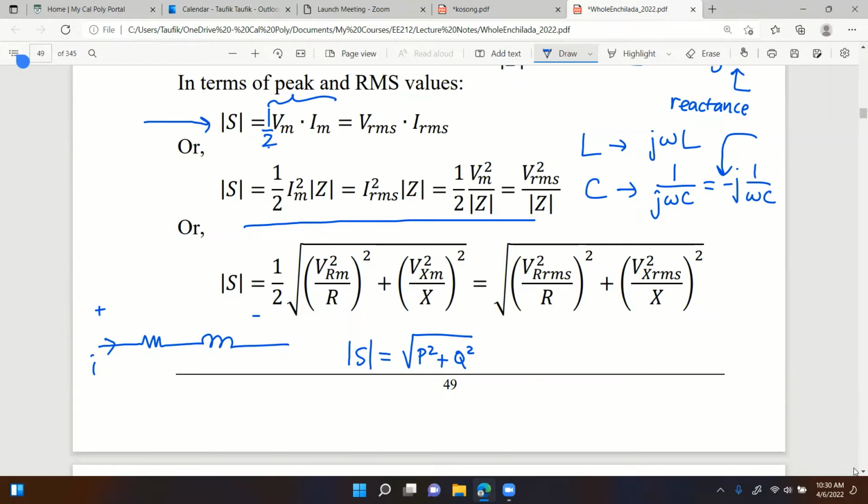Can you tell me where the P comes from? Where does the average power come from out of these two? Resistor. Why not from L? Why is it that P comes from R only?